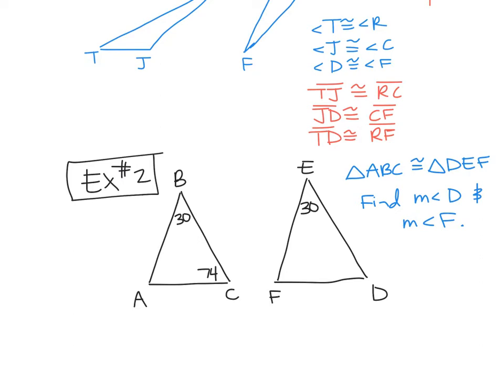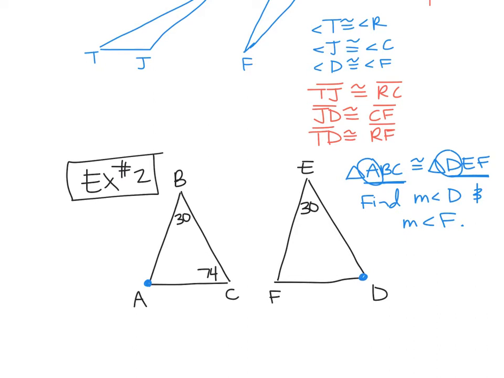Okay, so here's the deal. Looking at what they're telling us, triangle ABC corresponds to DEF. Did our triangles flip, turn, or slide? Yes. It flipped, right? Because A corresponds to D. So if you look where A is, over here, it's D, right? So it flipped over.